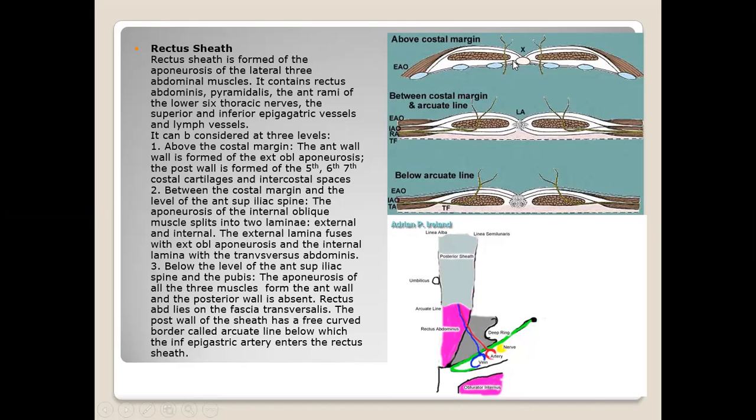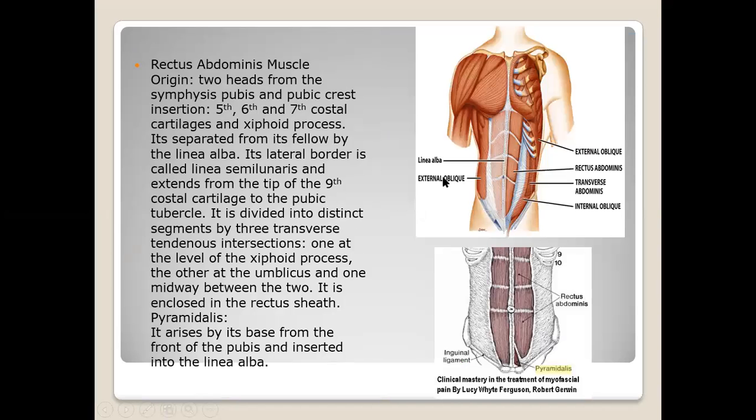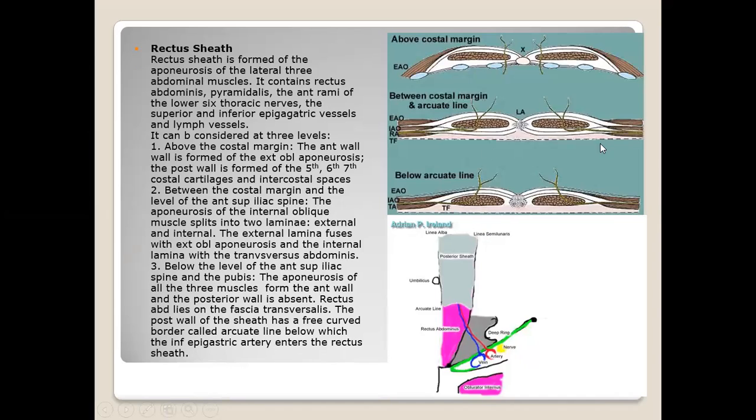Okay, then if you take a section at the lower level, between the costal margin and the level of the anterior spine, in the middle here, this is how exactly it looks. Between the costal margin and the level of the anterior spine, the aponeurosis of the internal oblique splits into two laminae.